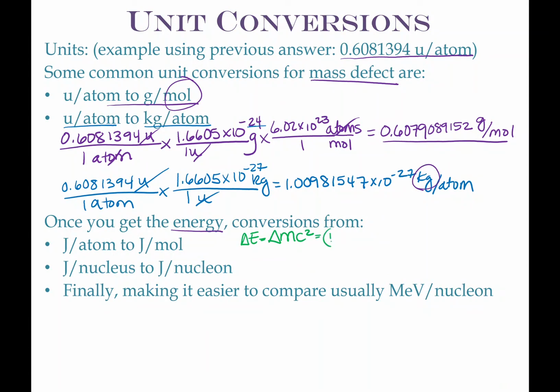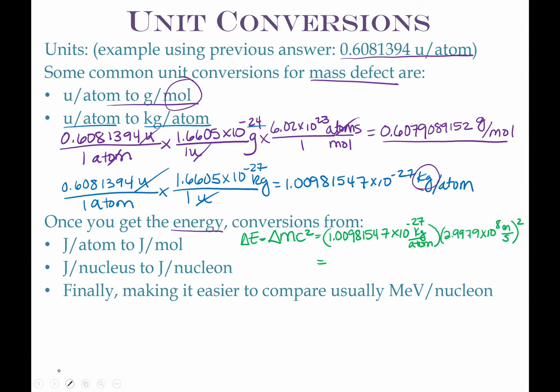So we have 1.00981547 times 10 to the negative 27th kilograms per atom times 2.9979 times 10 to the 8th meters per second squared.